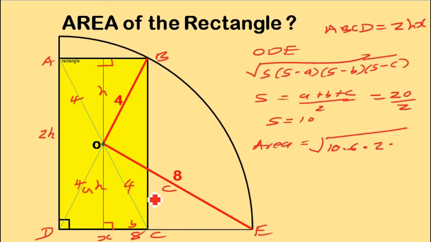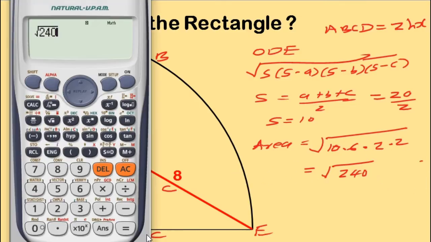Then S minus C, our C is 8 and S is 10, so that is going to be 10 minus 8, which is also 2. So you get the area of that triangle to be the square root of 10 times 6 times 2, which is the square root of 240. So the square root of 240 in simplest form is 4 root 15.